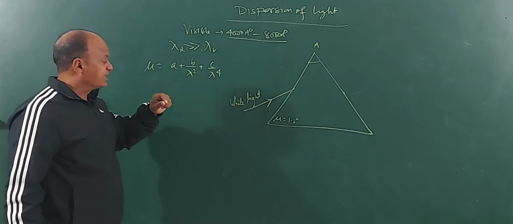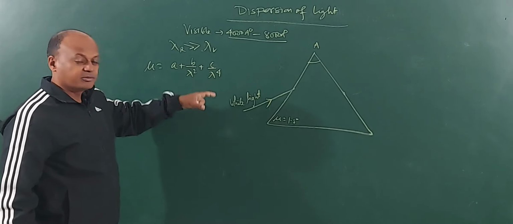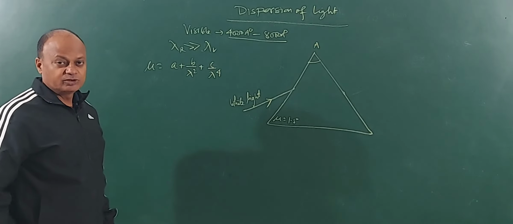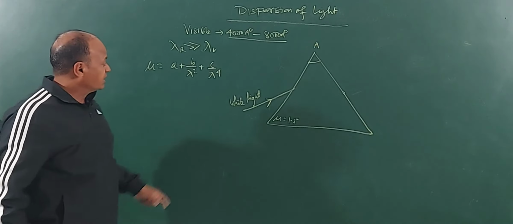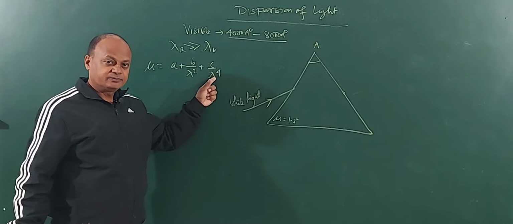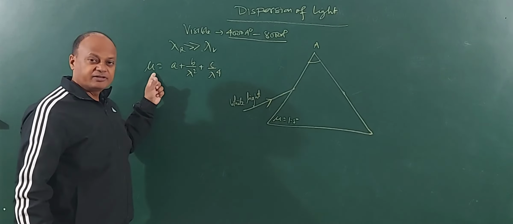Now you can very well understand the C by lambda to the power 4 term will become the dominant factor. One more thing, the smaller is lambda, the greater will be the value of refractive index.